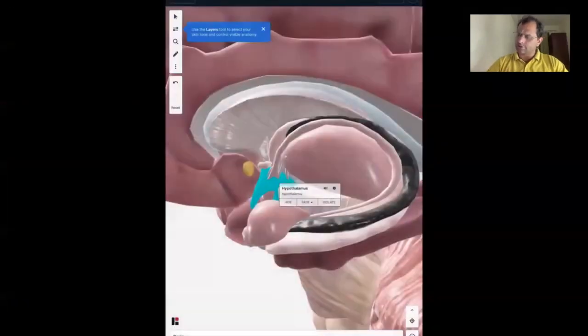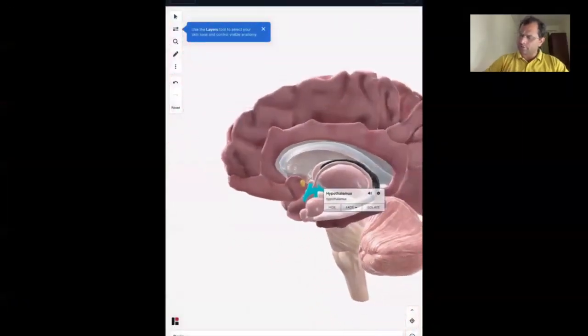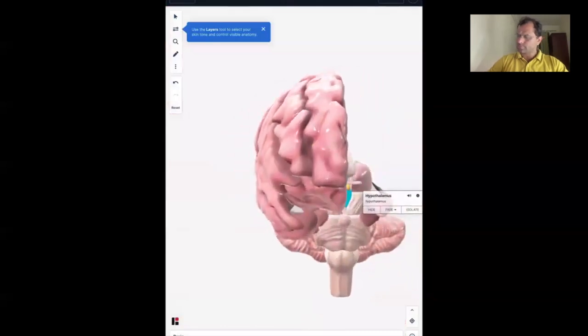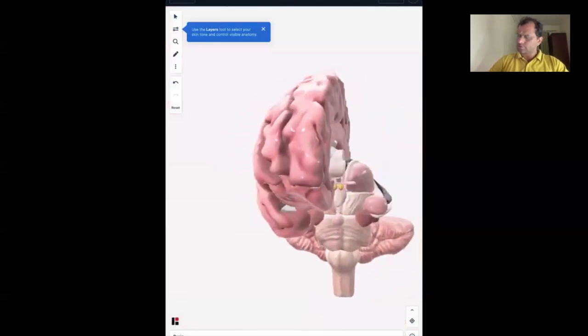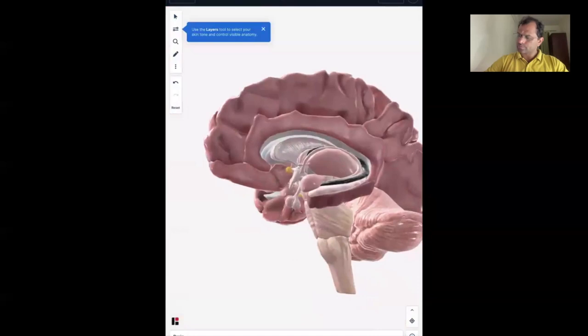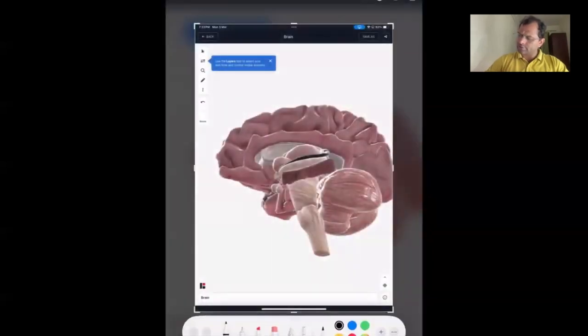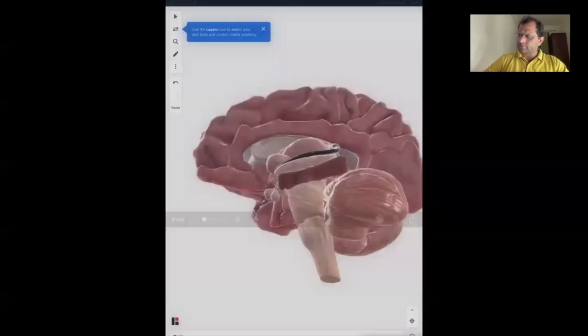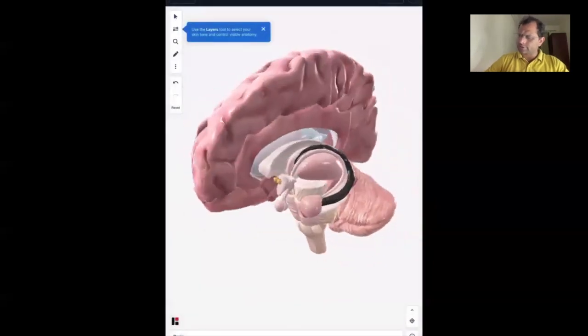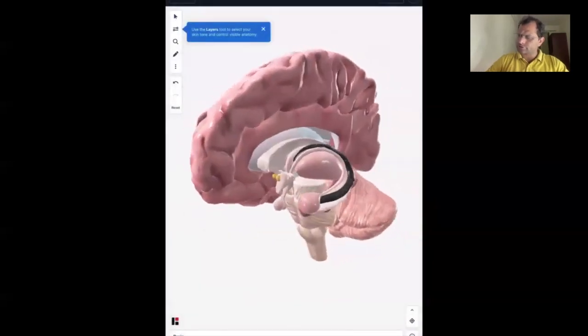So let's see the image. Again, we are looking from the front side. Now, your neck starts from here. Try to imagine a little bit, but don't worry, we will be discussing the functions.